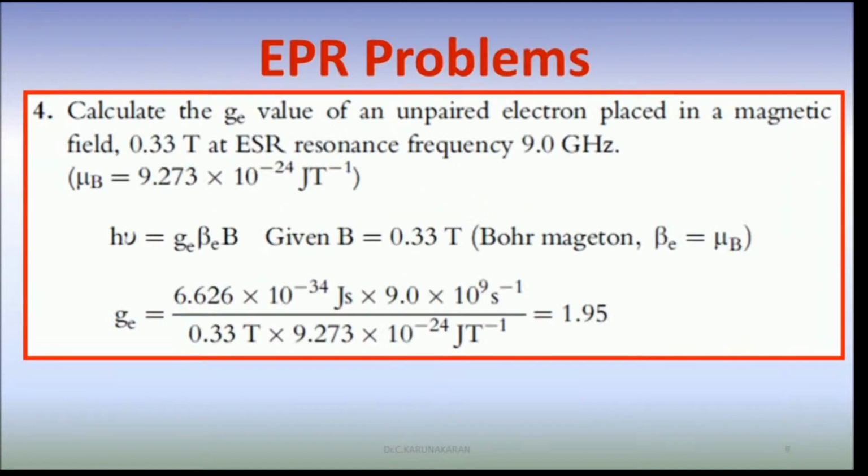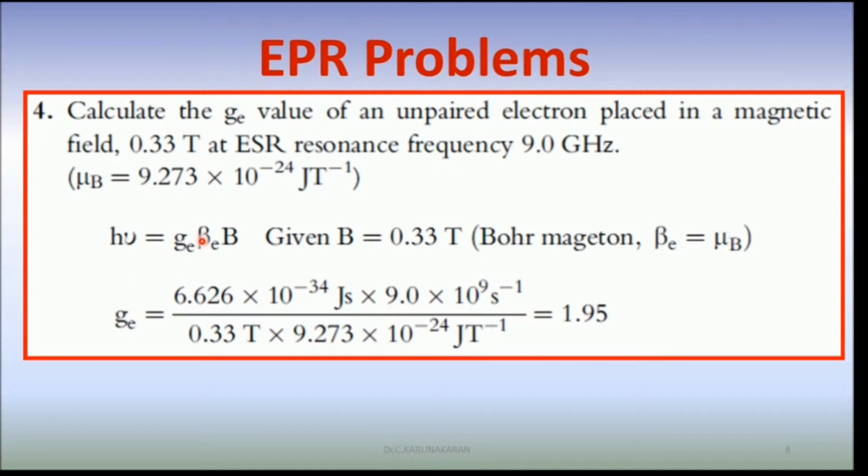Similar to EPR problems, in competitive exams, they ask using the resonance condition, g value, etc. Calculate the g value of the unpaired electron placed in a magnetic field of 0.33 Tesla at resonance frequency 9 gigahertz. So you are asked to calculate the g value.